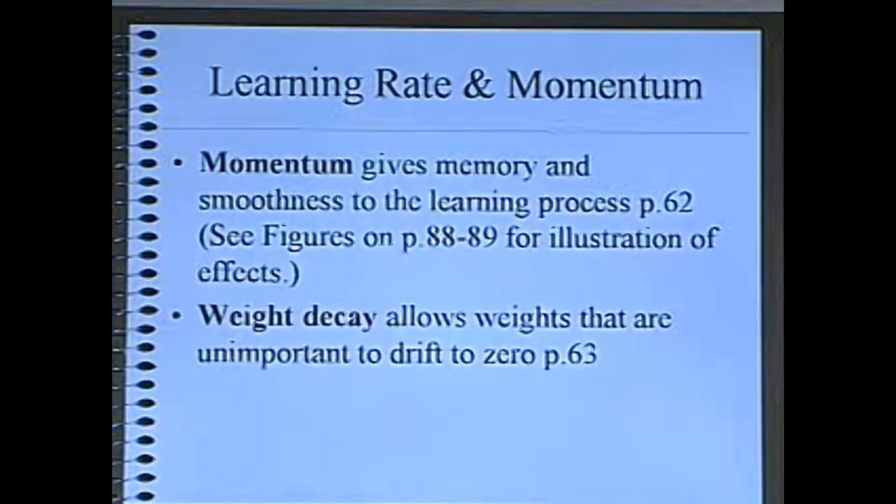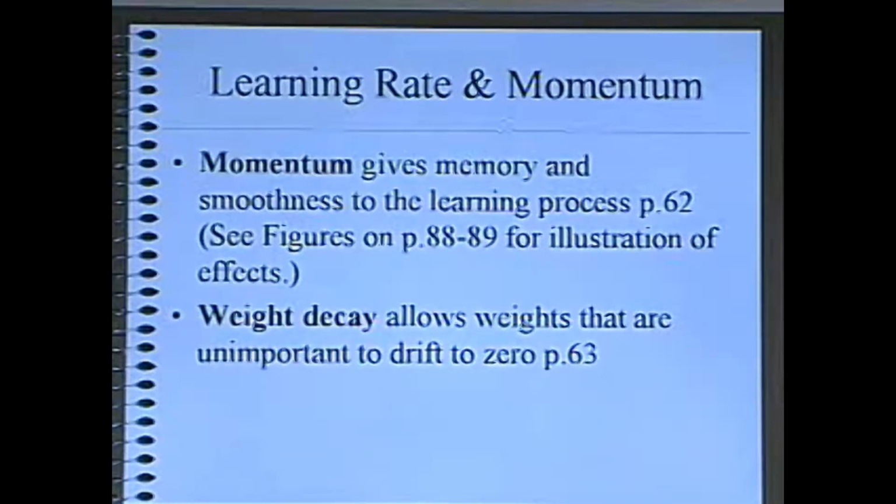Now, the simple way of performing the momentum is as follows. Remember, before, the change in the weight was equal to minus eta times the partial of E with respect to the weight. This was the error backpropagation result. So this is the step size.